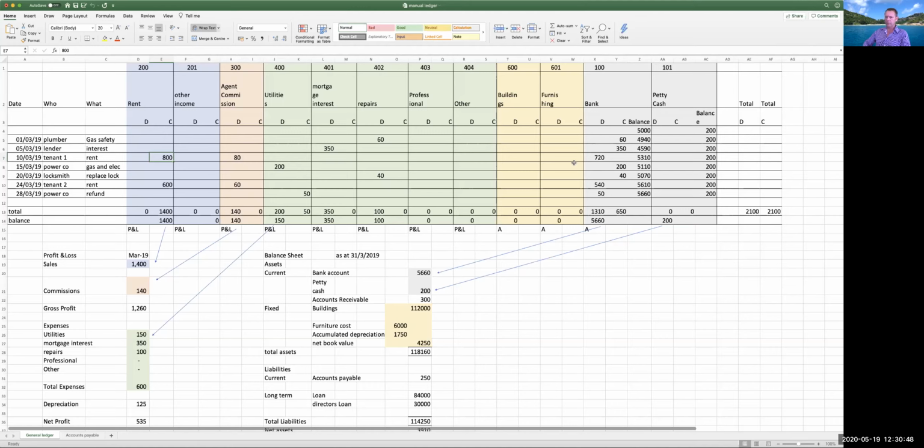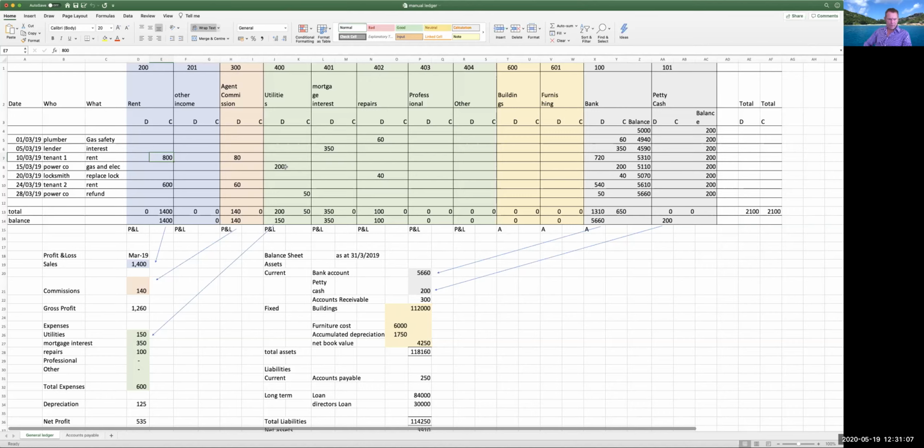You would be wrongly accounting the VAT if you put the £720 into the sales column, and you would be underpaying VAT to the government. So there is some real importance in getting this correct.